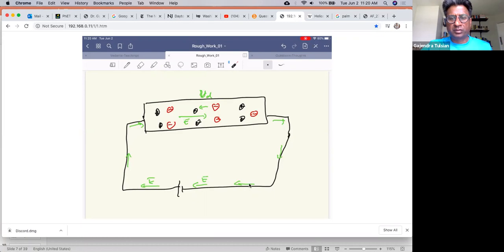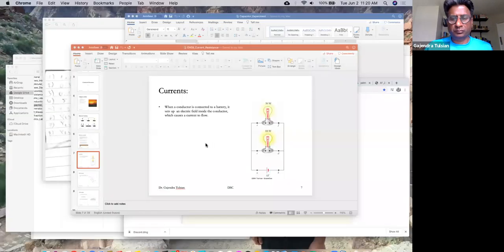Okay, so it's established an electric field in the connecting wires and your resistor. Okay, and if you have free charges, they'll respond to this electric field. So if this was a piece of wood, for instance, there wouldn't be any free electrons. And so even if you establish an electric field, there would be no current, okay?